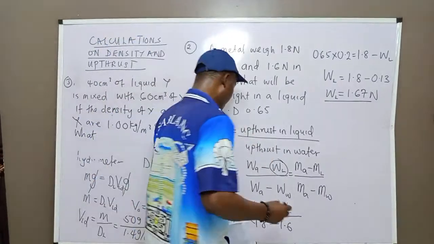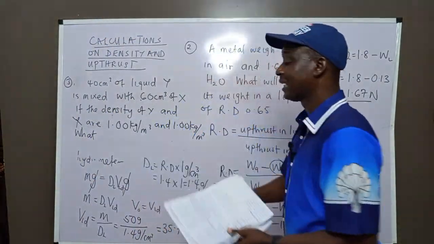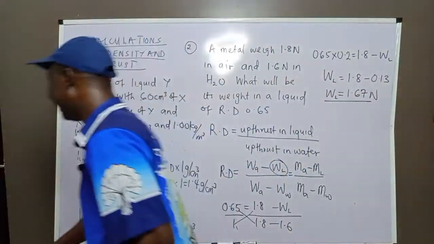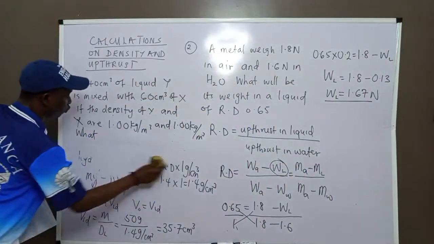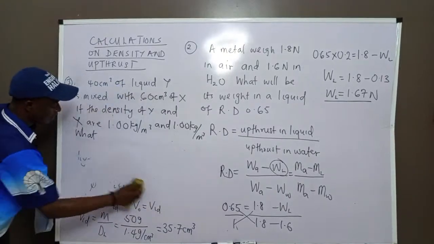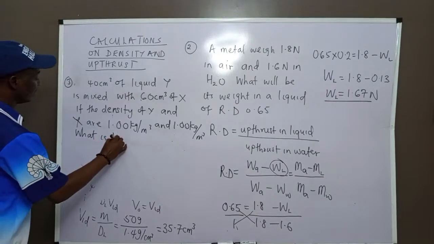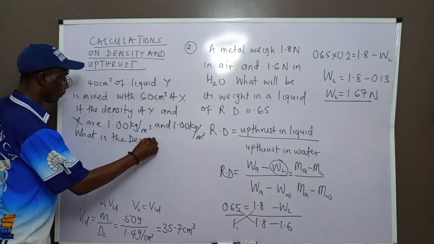Now what we want to do in this question, they are giving us a question that has to do with mixture. So in that case, what you should be expecting them to tell us is the density of mixture.